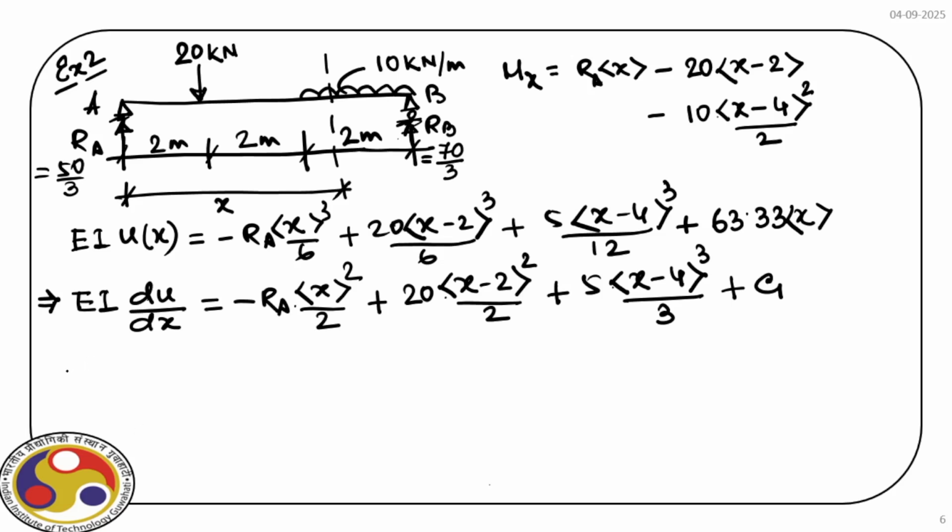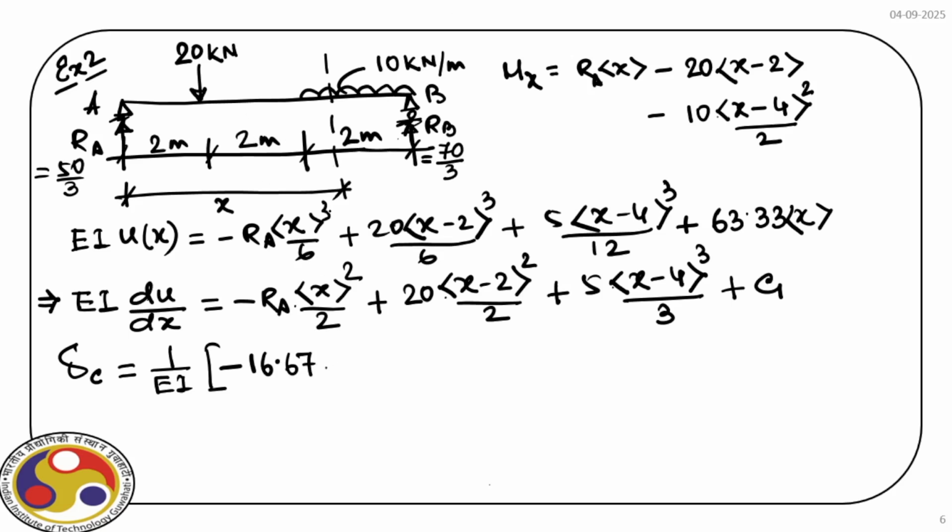Okay, so delta C is equal to 1 by EI. Within bracket we have minus RA, which is 50 divided by 3, that is 16.67 times, for L we have 3.